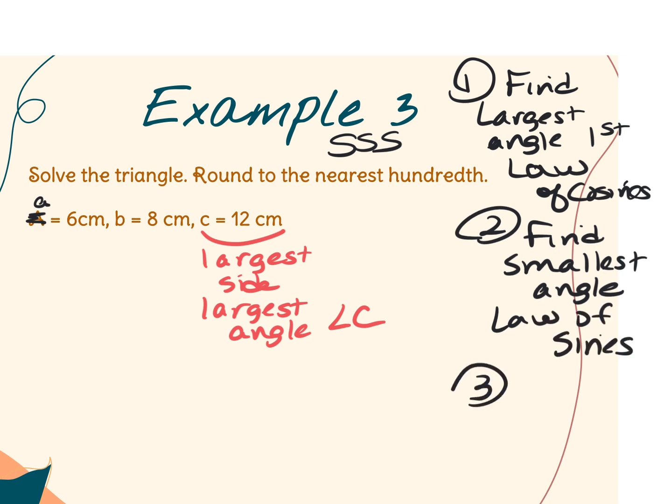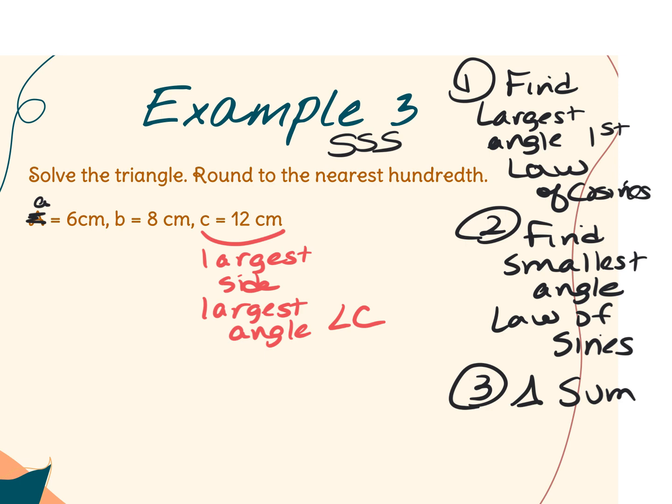And then step 3, we're just going to use the triangle sum. Remember, when it's the side scenario, to make our solving process easier, we can use that alternate form.